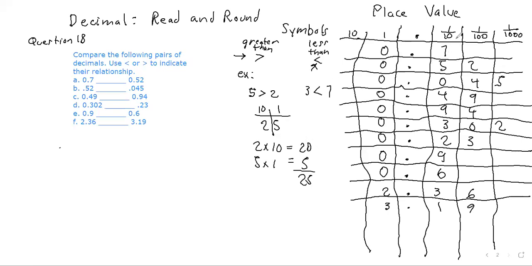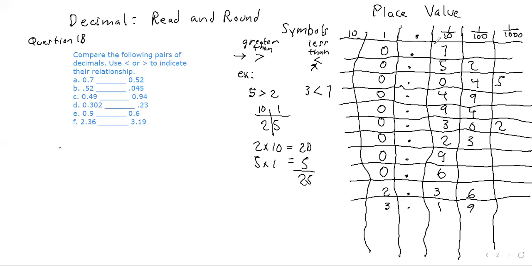So if we do that for these, we only need to look at the largest place value and compare the digits in those. Because if we have 7 times 1/10, we know that's going to be larger than 5 times 1/10, right? So we only need to compare the place values of the 1/10.